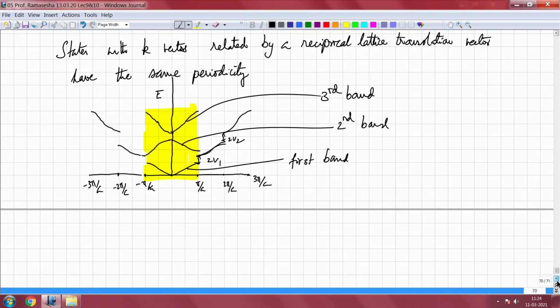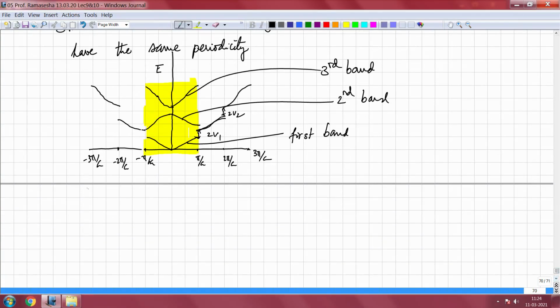This picture is called the reduced zone representation, as opposed to the extended zone scheme.